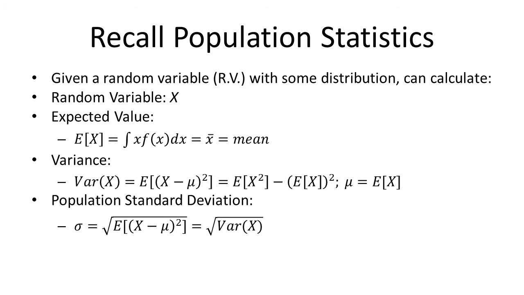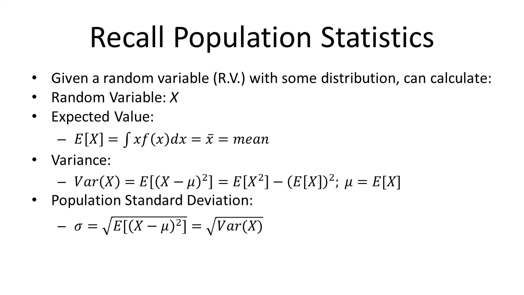So there's a random variable x that we're just going to refer to, and it has an expected value, E of x, which is basically the mean for this population. Variance is the expected value of x minus the mean, squared, or the expected value of the random variable squared minus the expected value, or the mean, squared.